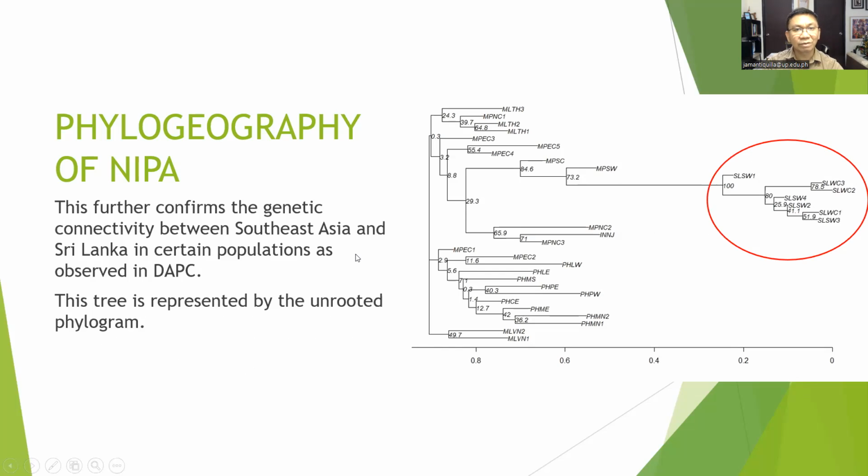This further confirms the genetic connectivity between Southeast Asia and Sri Lanka in certain populations, as observed in the SPCA. So this tree is represented by an unrooted phylogram, meaning that the root is not hypothesized. Nevertheless, the deeper nodes of the phylogenetic tree have low bootstrap support.